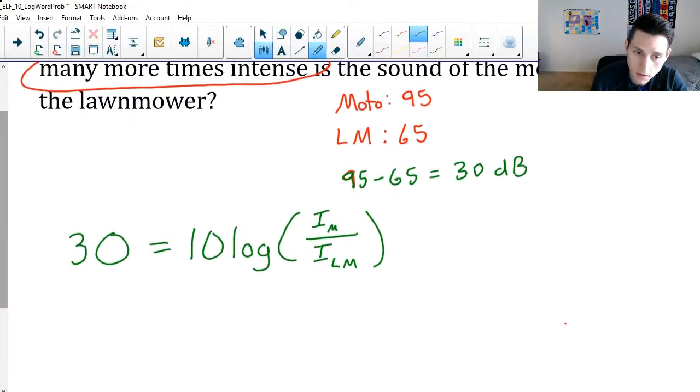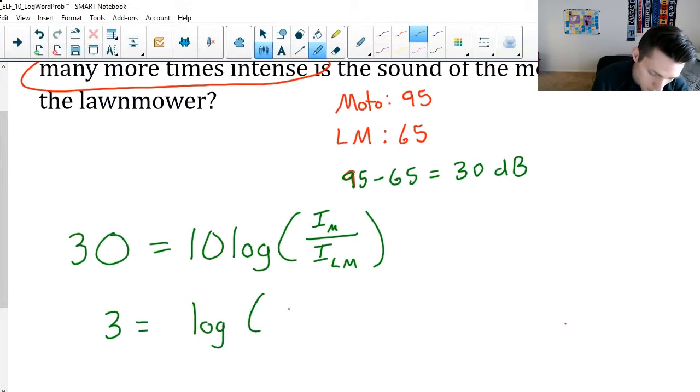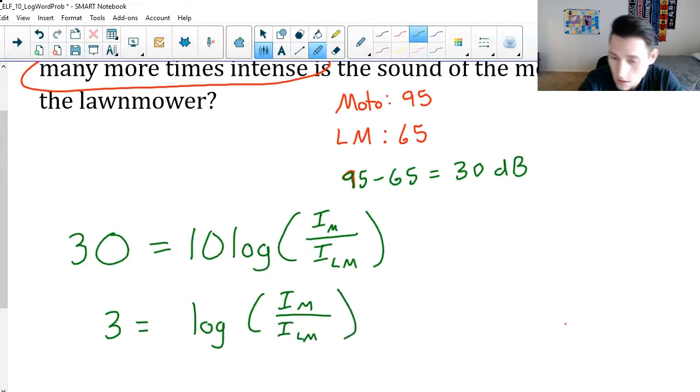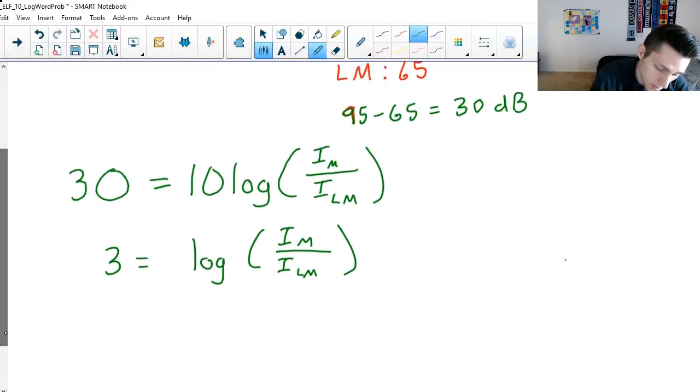So we solve. First, this is just a logarithmic equation. So first divide by 10. So 3 equals log of the ratio of the two intensities. Get rid of the logarithm by doing a base 10 exponential.